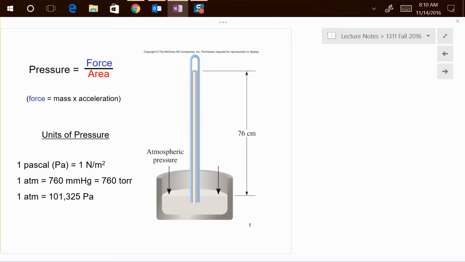This is 76 centimeters mercury, this is 760 millimeters mercury, just a simple conversion, which is equal to 760 torr. Now, atmospheres is the most common unit that you'll be using. There are times when you will have to convert from millimeters mercury into atmospheres, using this conversion right here. Pascals, probably not.